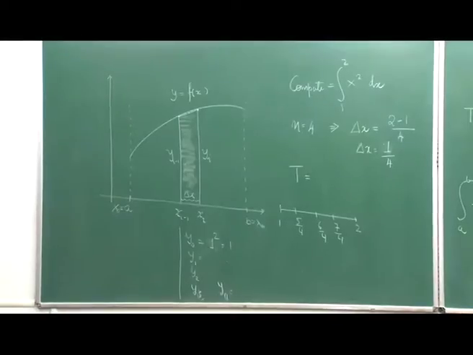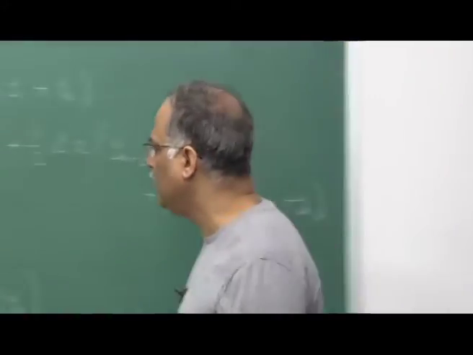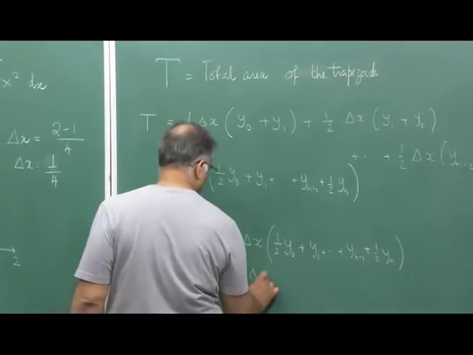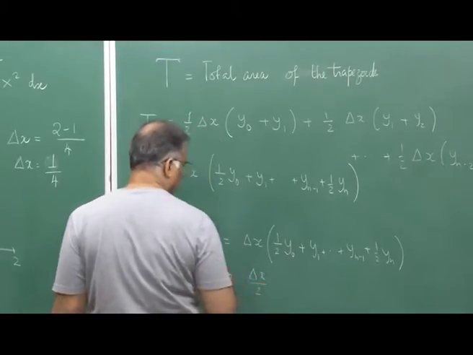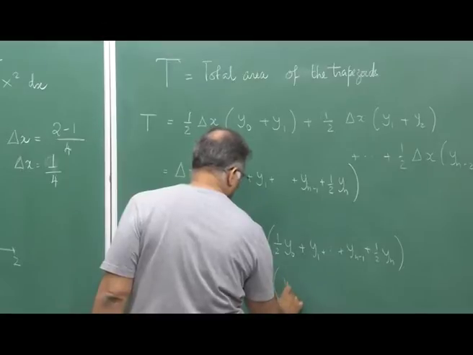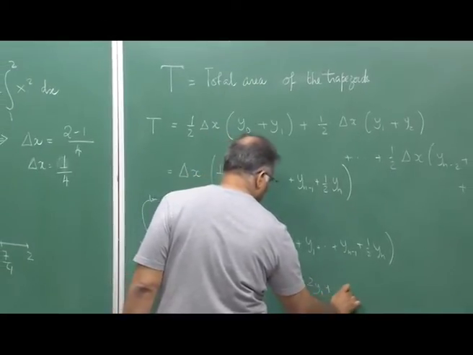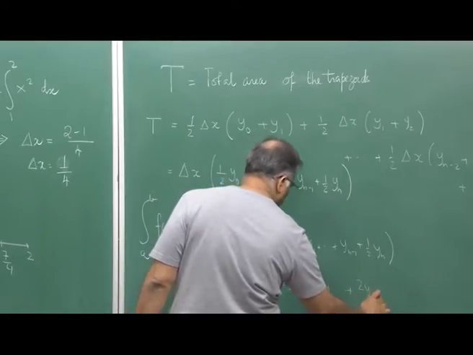I would like to tell you to do it yourself rather than relying on my calculations. This can also be written in a slightly different way. You can take delta x by 2 out and make a more effective writing. You can write this as y0 plus 2y1 plus up to 2yn minus 1 plus yn.